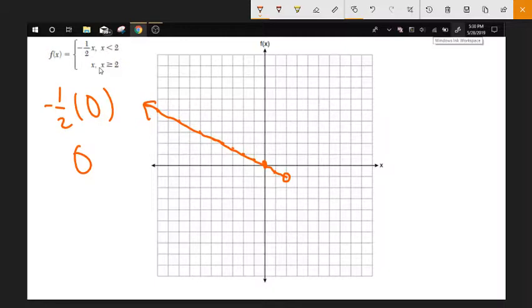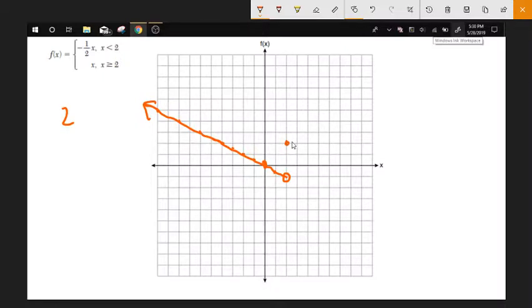And then now we just have x for the other ones. And so let's evaluate for what x would be in 2. So if you replace x with 2, then you just get 2. And then that would be 2, comma 2 here.